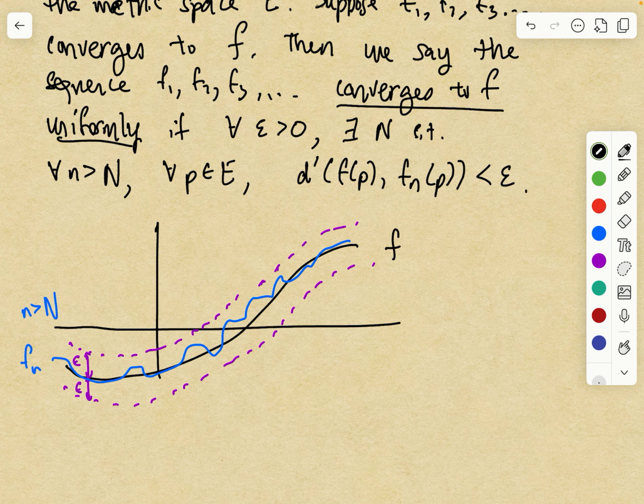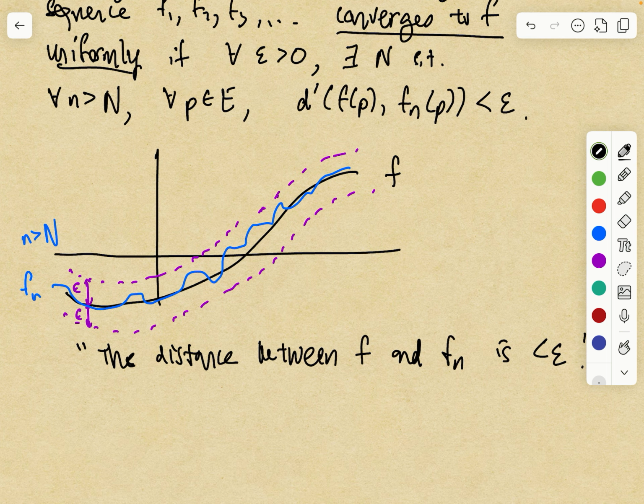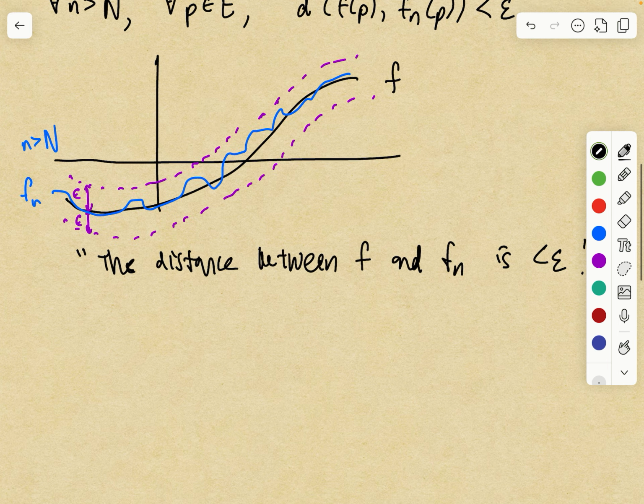So we can think of this as saying that for all epsilon there exists a capital N, such that for all little n, the distance between f and f sub n is less than epsilon. That's the biggest possible distance between f of p and fn of p. That's what we mean by the quote-unquote distance between f and fn is less than epsilon. Okay, so that's just a review of the definition of uniform convergence.